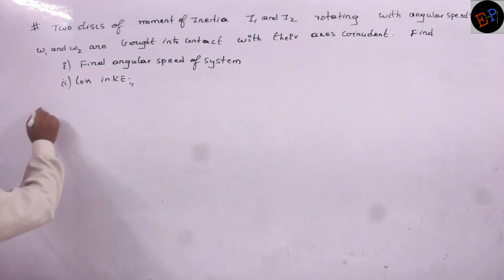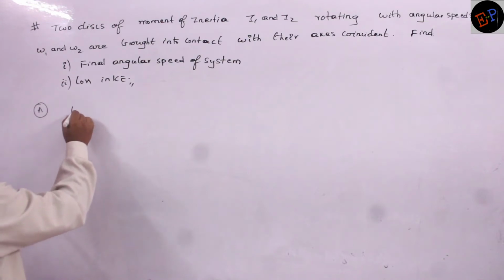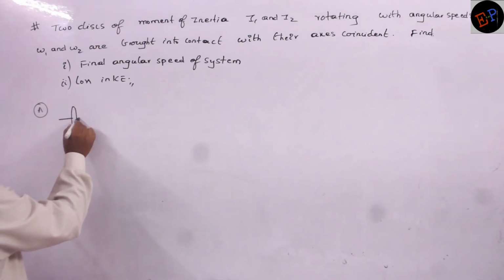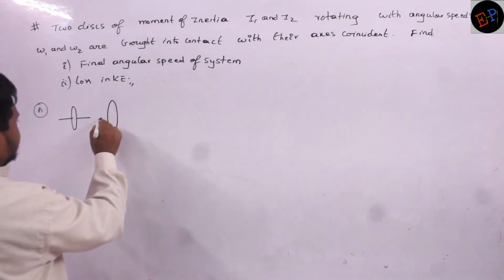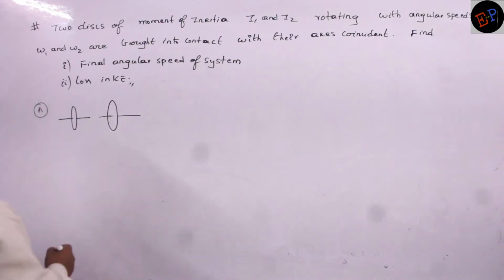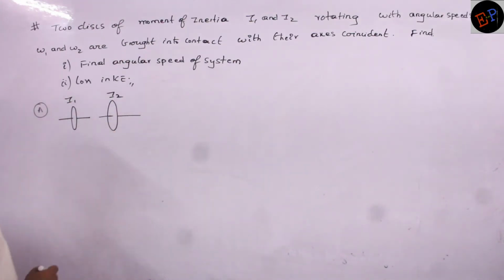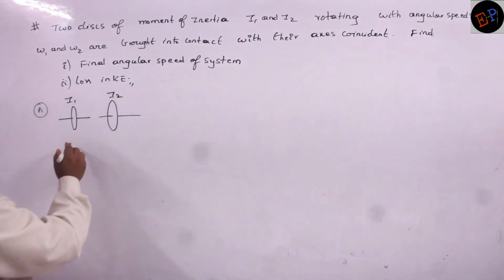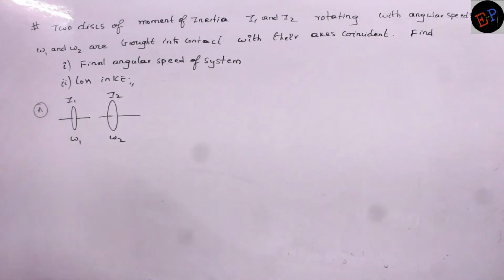Consider this is one disk, which is rotating about this axis, and there is one more disk which is rotating about this axis. The moment of inertia of this one is I1, of this one is I2. It is rotating with an angular speed of omega 1, this is rotating with an angular speed of omega 2.